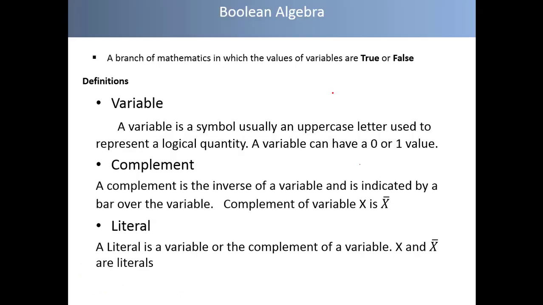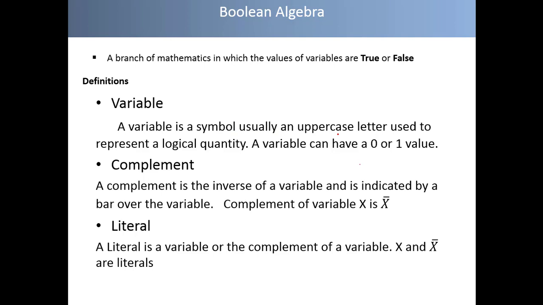We started with a few definitions of concepts related to Boolean algebra, and we saw that all measurable quantities in Boolean algebra are represented in terms of a variable, and this variable is a symbol which is usually represented in the form of one uppercase letter, and it represents a logical quantity.